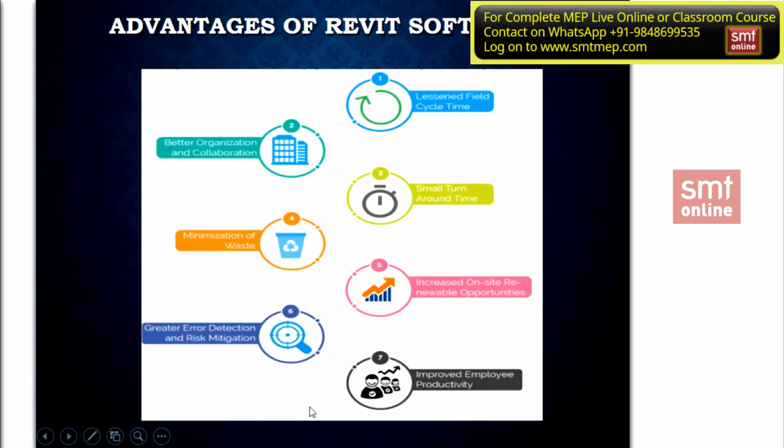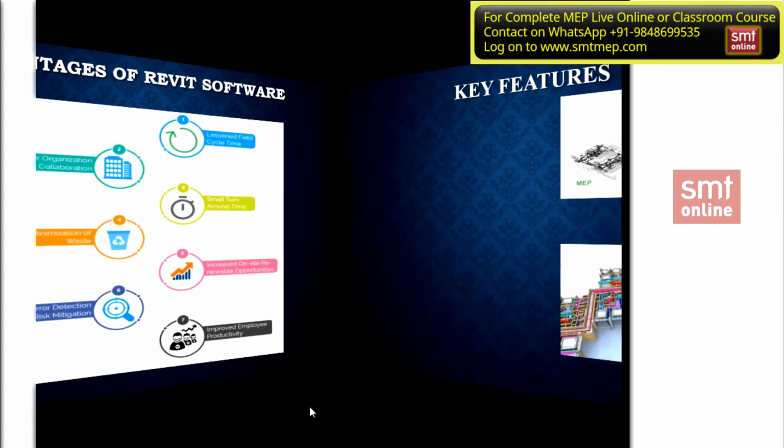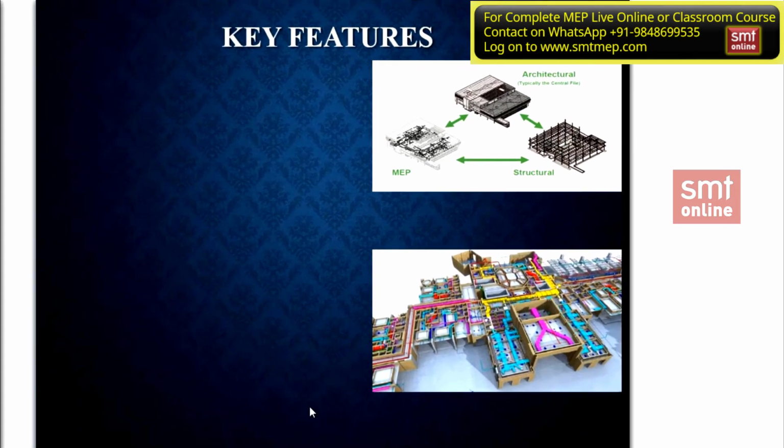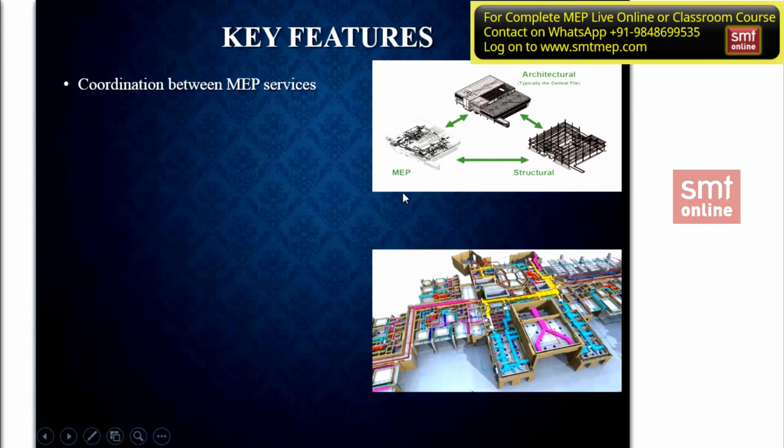Next, we'll talk about the special features offered by Revit MEP software. So the key features of Revit MEP software. The first option is coordination between MEP services. Not only MEP services, Revit offers coordination between the architectural, MEP services and structural.